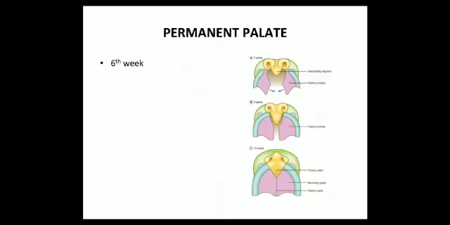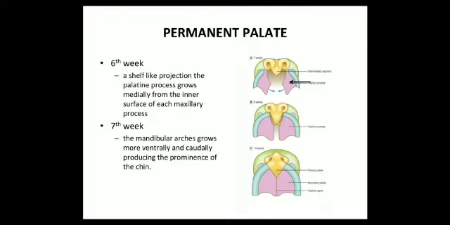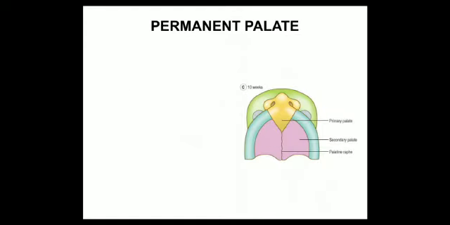The permanent palate: during the 6th week, a shelf-like projection, the palatine process, grows medially from the inner surface of each maxillary process. During the 7th week, the mandibular arches grow more ventrally and caudally, producing the prominence of the chin. And ventrally, the permanent palate meets with the primitive palate in a Y-shaped manner.